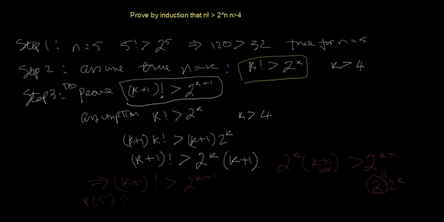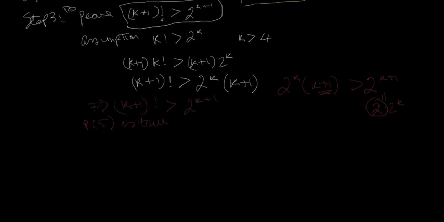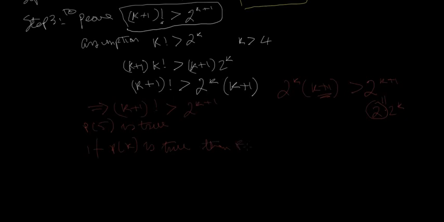So you're going to say P5 is true, and then we're going to say if Pk is true, then Pk plus 1 is true.